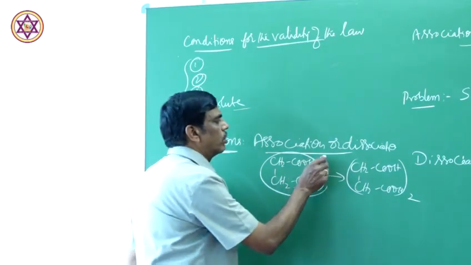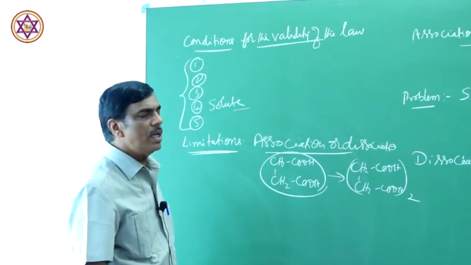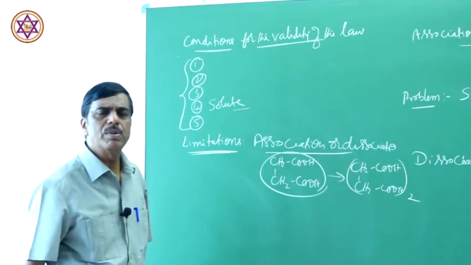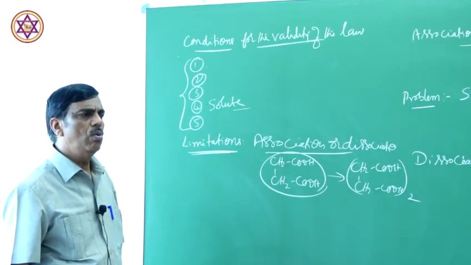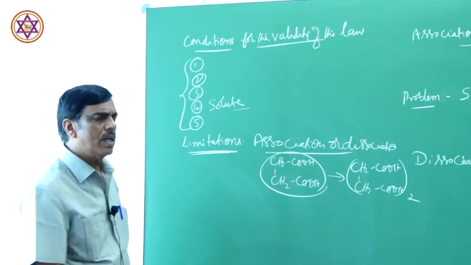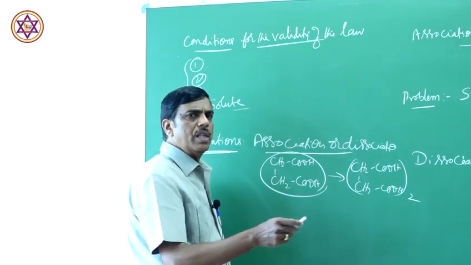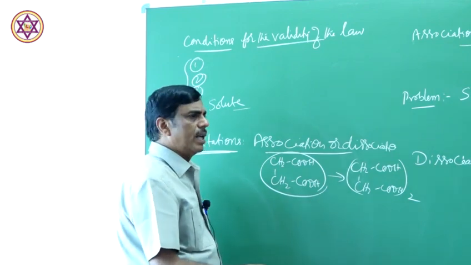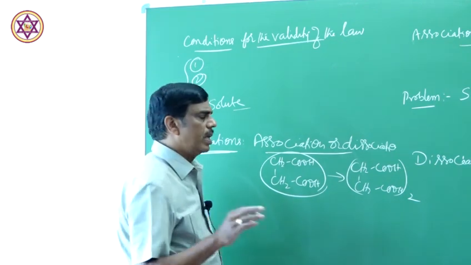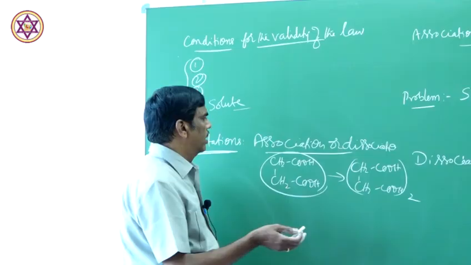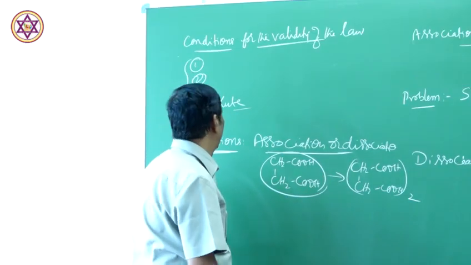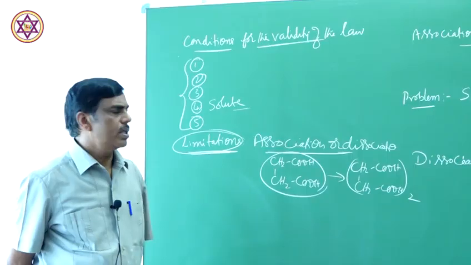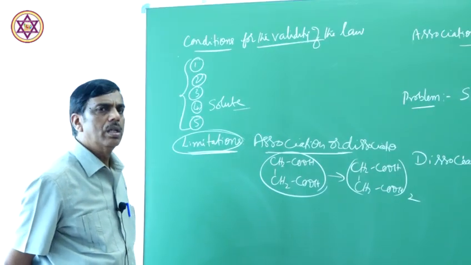So, this is association. And many of the solutes undergo dissociation. For example, strong electrolytes undergo dissociation in water, whereas they do not undergo any dissociation in the organic layer. So, association or dissociation is one of the important limitations.